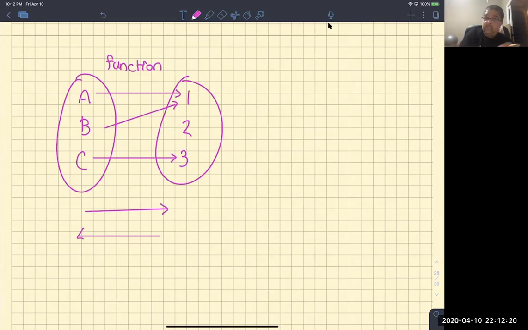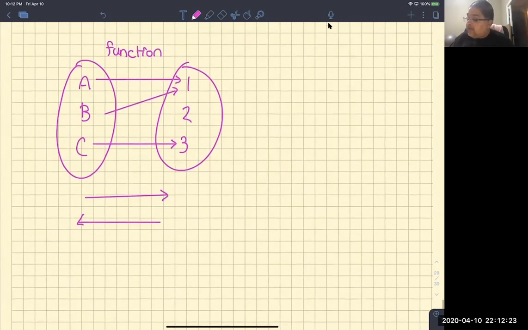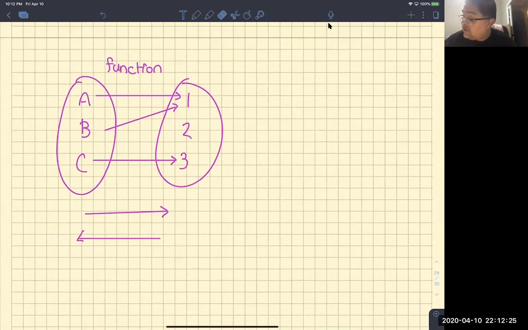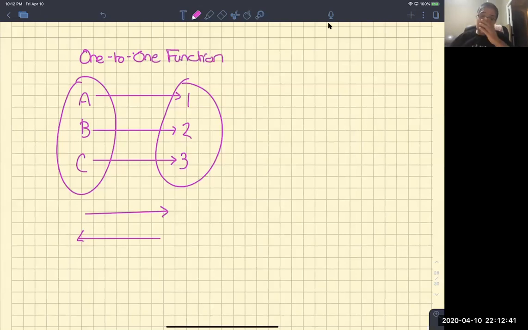Now, let's look at a mapping for a one-to-one function. A one-to-one function looks something like this. Do you see the difference? In the previous mapping, we had A and B mapped to 1.